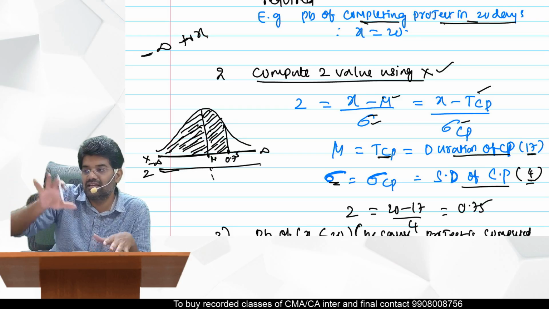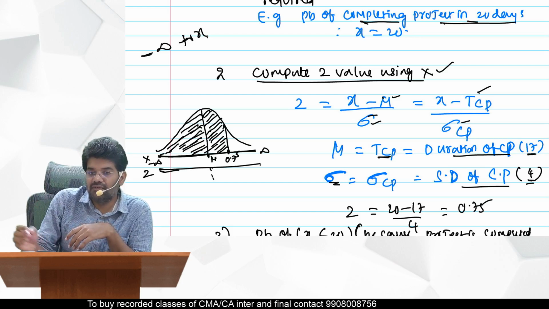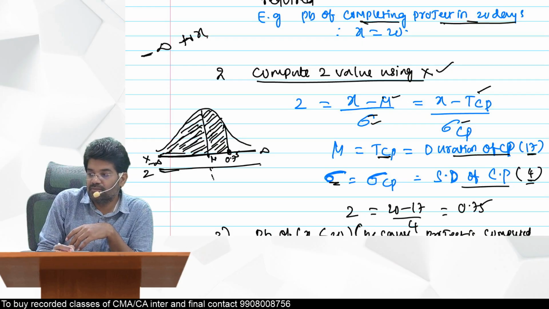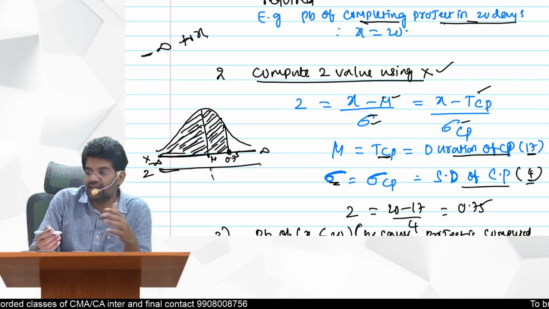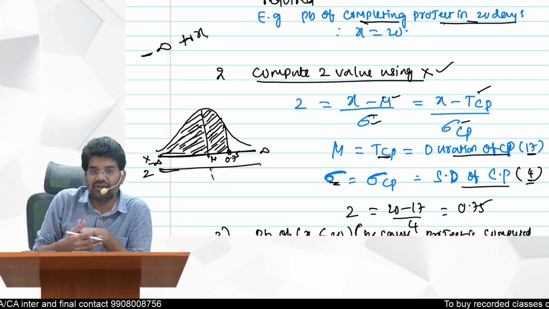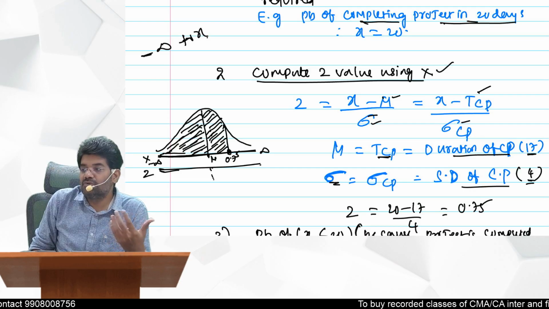So in this case, if they are giving the z value directly, a positive 0.75, then they are giving from minus infinity to 0.75. That is the answer in case it is a cumulative distribution table.